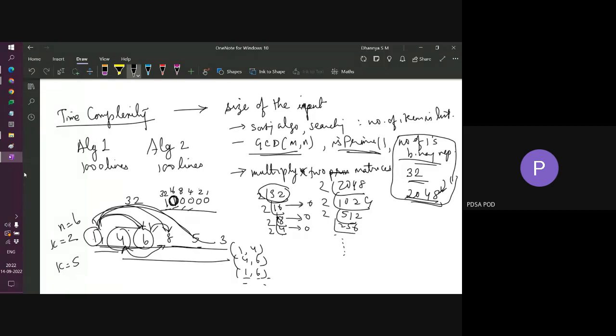So the computation of the sum becomes much faster. In the case of 2, you have so many subsets, or if you take 3, again, you have so many subsets, right? So the input size depends not just on n, but also on the size k. So that is also one particular type of input where the size depends on these two factors.